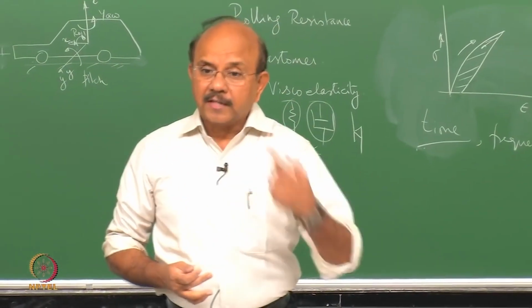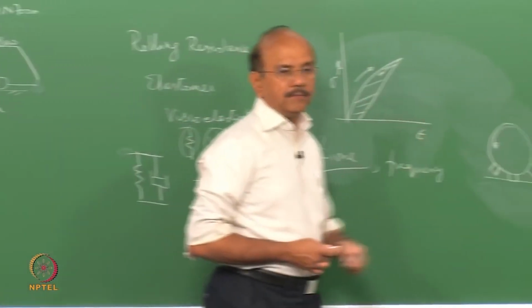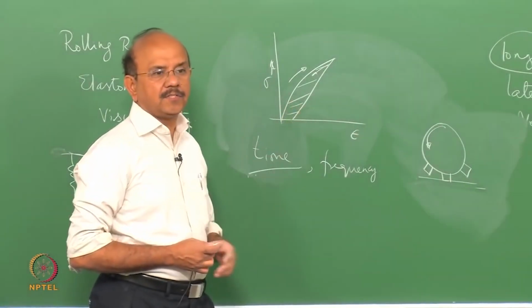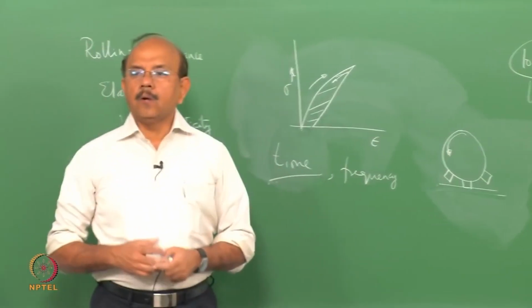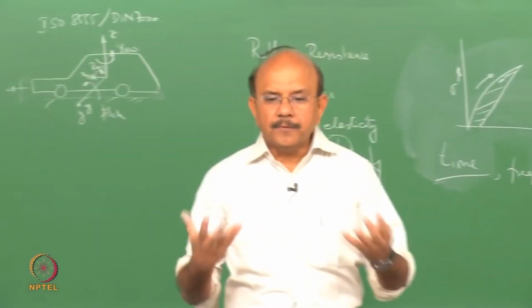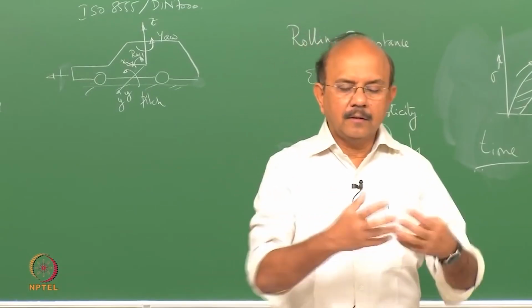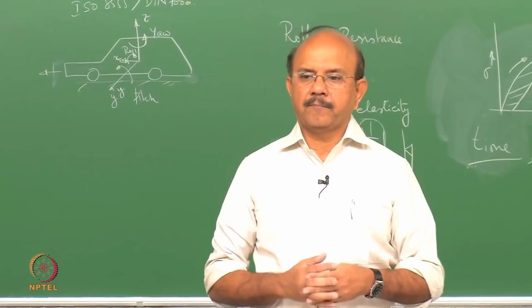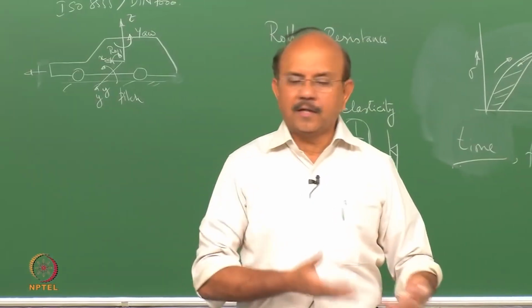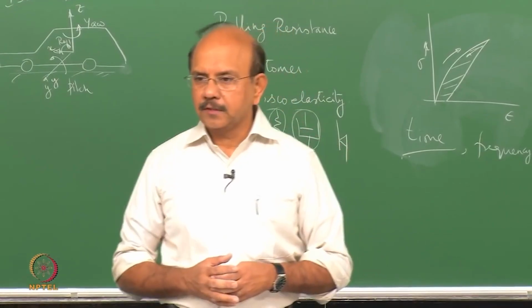So, because of this cycle, I lose energy, or there is a hysteresis loss. Now, who is going to compensate for this hysteresis loss? Because your vehicle has this tire and the tire is losing energy. So, who is going to compensate? The vehicle has to compensate.